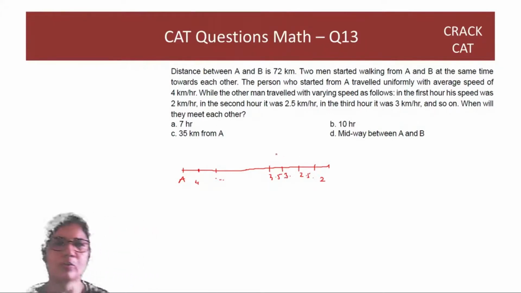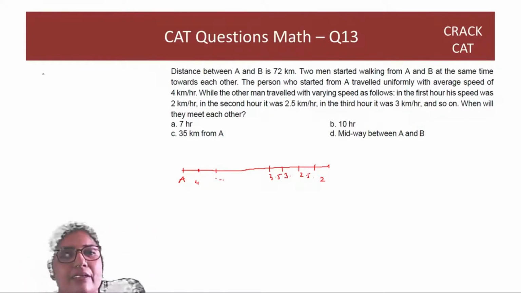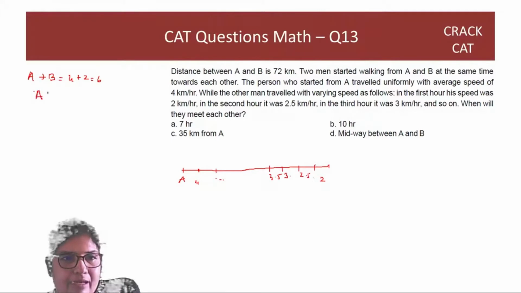So one way to solve it is to see this as an arithmetic progression. In the first hour, the 2 people, A and B, cover 4 plus 2, 6 kilometers. In the second hour, they cover 6.5. In the third hour, they cover 7. So you have an arithmetic progression with the first term 6, common difference of 0.5.